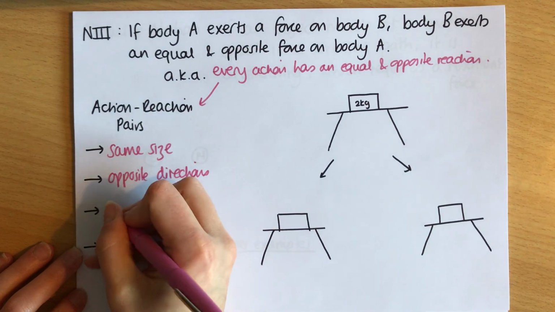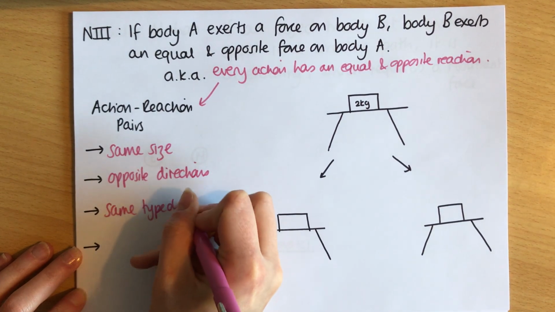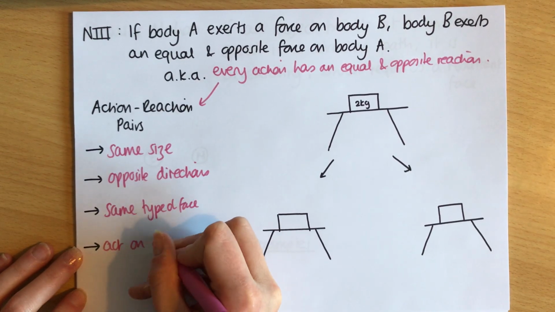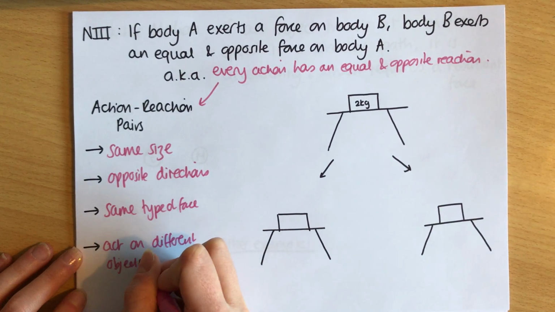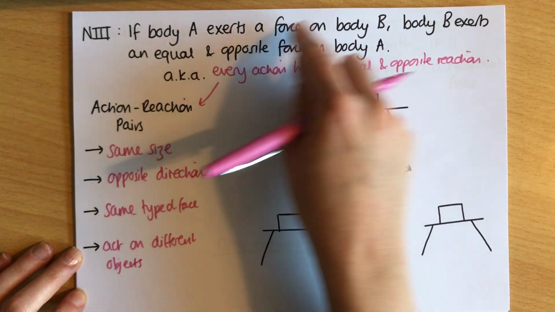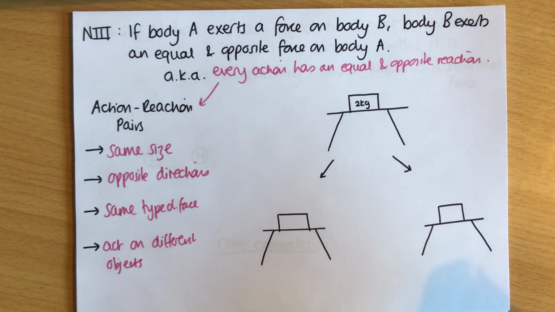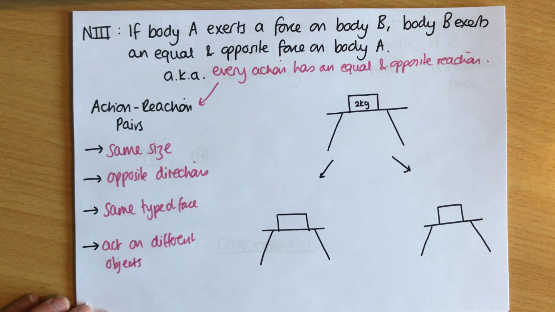But they also need to be the same type of force, and they need to act on opposite or different objects. So we can see here that the force of body A acts on B and then B acts on A. One force acts on A, one force acts on B. They're equal and opposite, but they must be the same type. That's kind of missed out here.